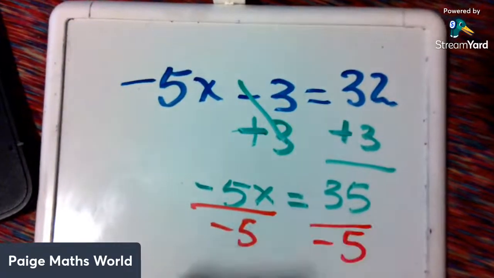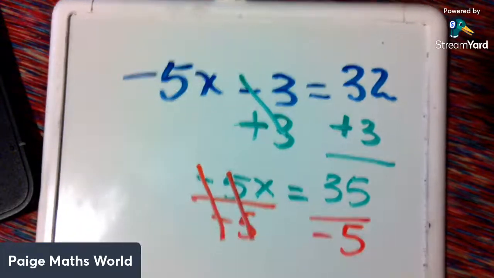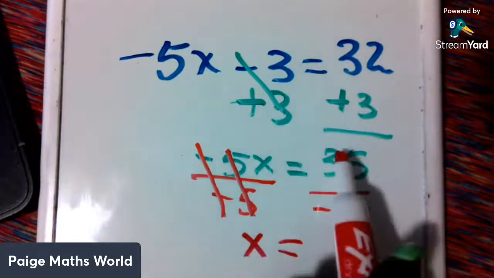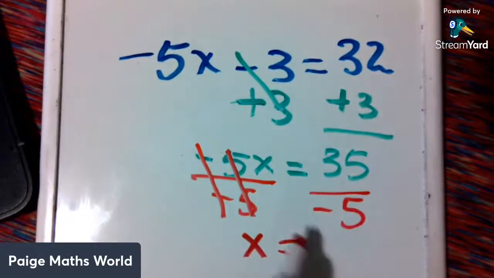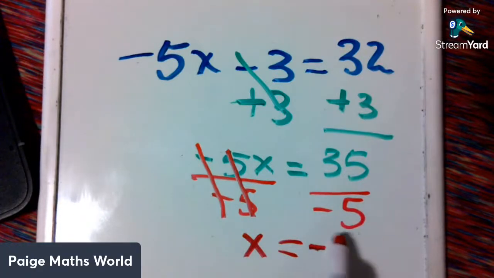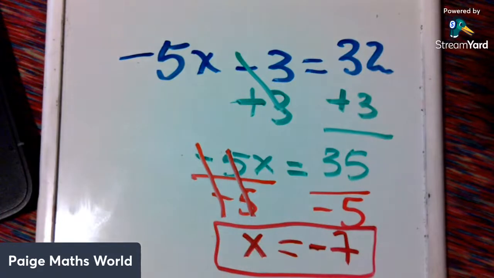After a while, these things will flow easily. So negatives cancel, 5 cancels. What is left is x. And so we have positive divided by negative is a negative answer. 35 divided by 5 is 7. So great job, Keisha, and great job, British.